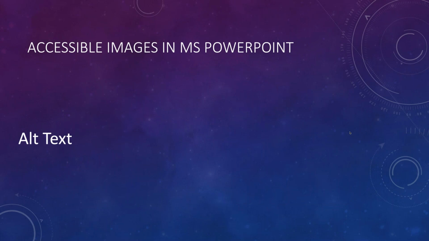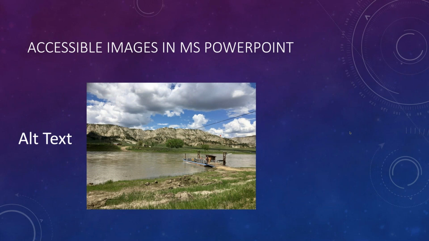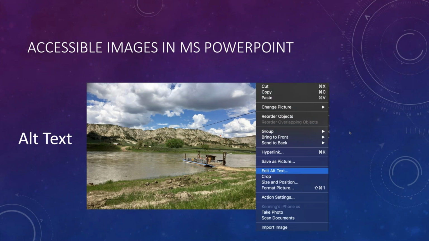Basically, we're talking about a concept called alt text, or alternative text. If I have a photograph like this and I've put it into my PowerPoint presentation or into my Word document, I will right-click on that image if I'm using a Windows machine, or control-click if I'm using a Macintosh, and you'll get this little submenu.